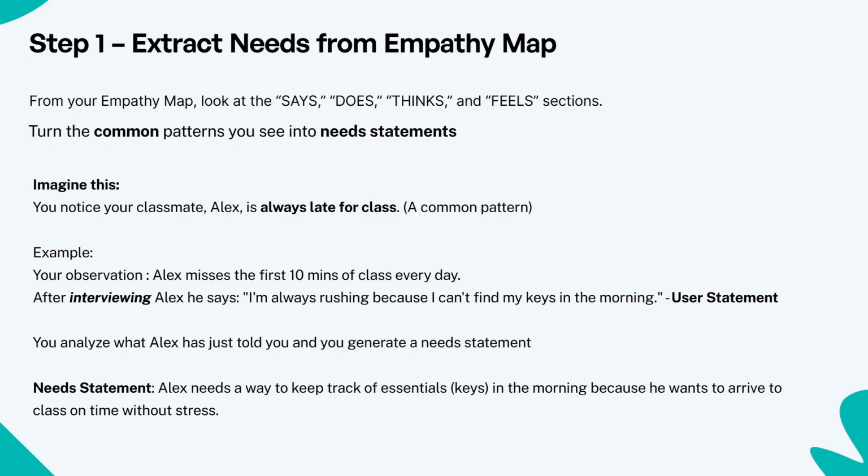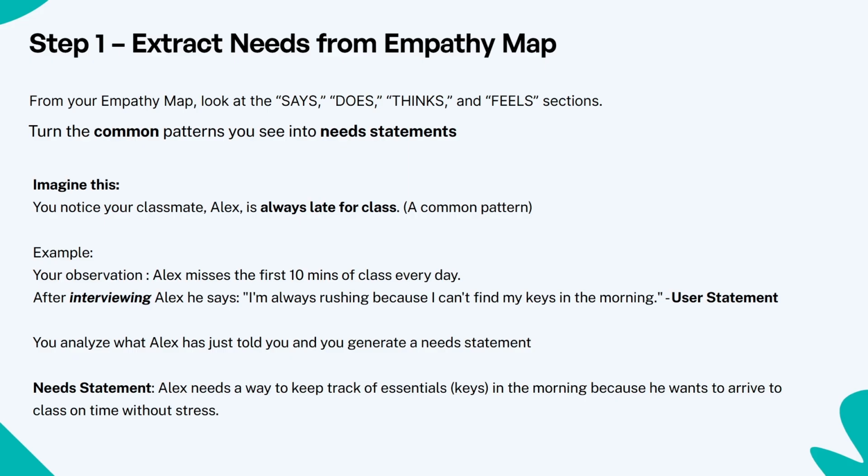When you start thinking about ideas, we use that. How can I help Alex achieve his goal of arriving to class on time without stress? That's it. How can I help my persona called Alex keep track of essentials like keys in the morning so that he arrives to class on time?